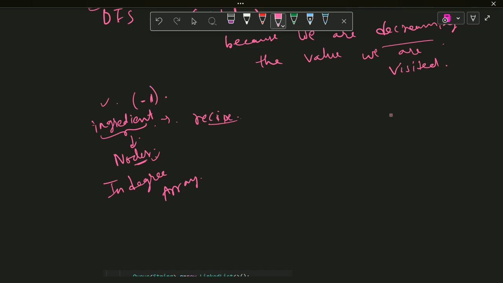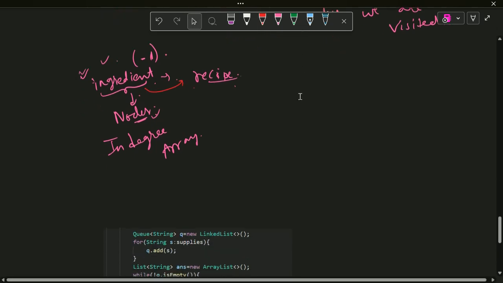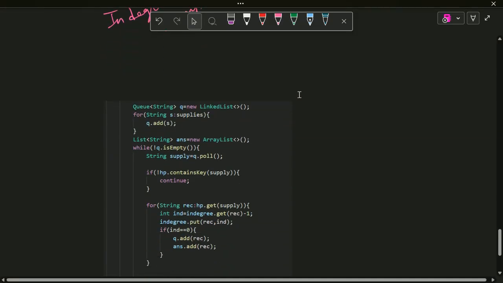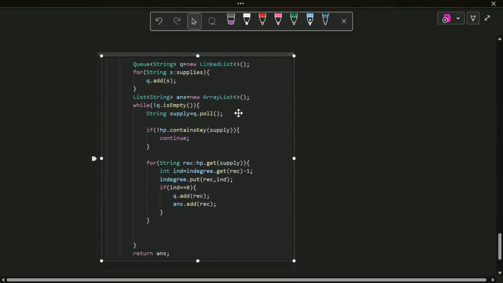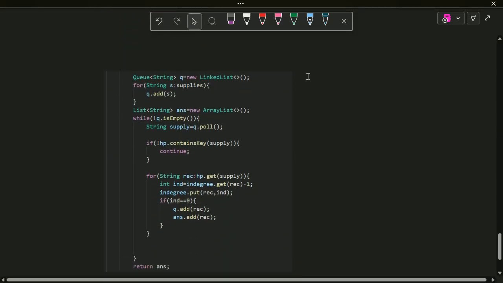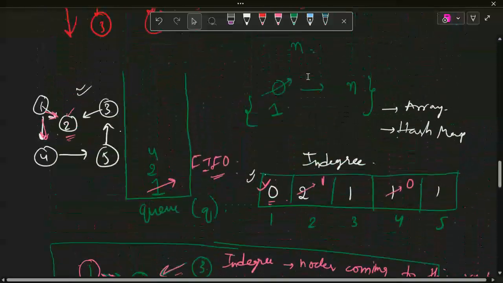These are the recipes. For preparing a recipe, we should first check whether the ingredients are available or not. This means it is dependent. Topological sort may be applicable for this.